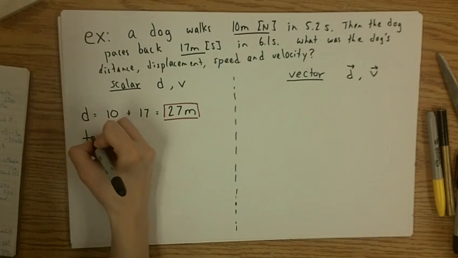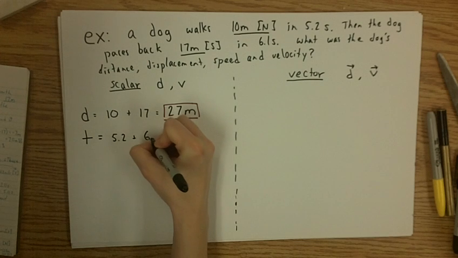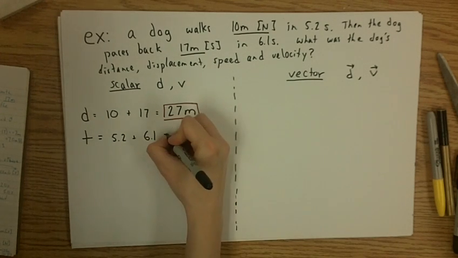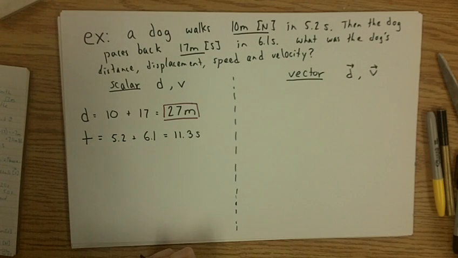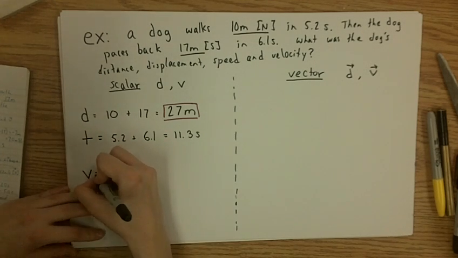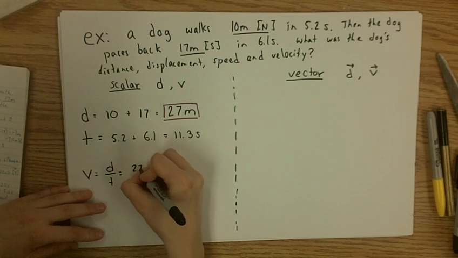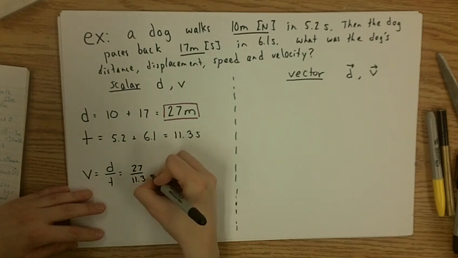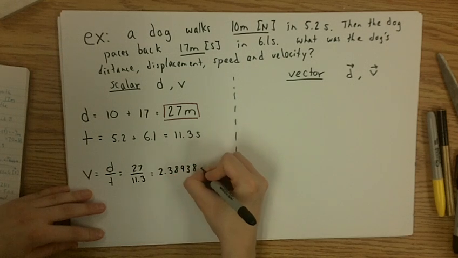The time it took to walk this 27 meters was 5.2 plus 6.1, which equals 11.3 seconds. The speed is equal to distance divided by total time, which is 27 over 11.3, which is 2.38938 meters per second.